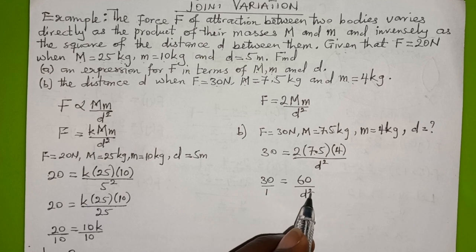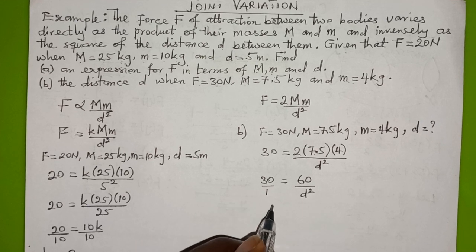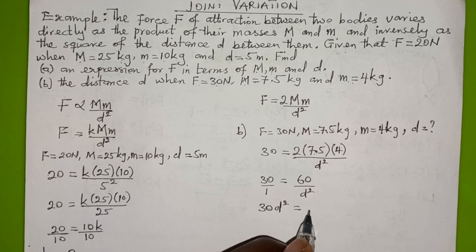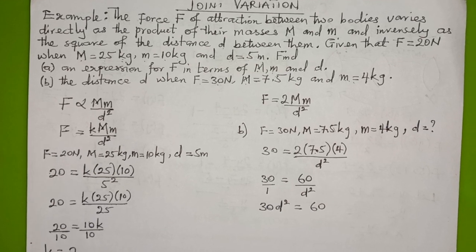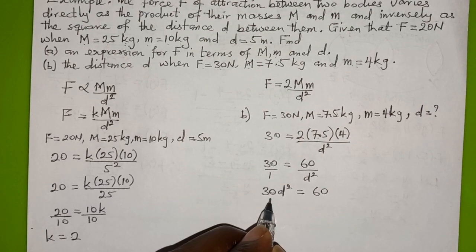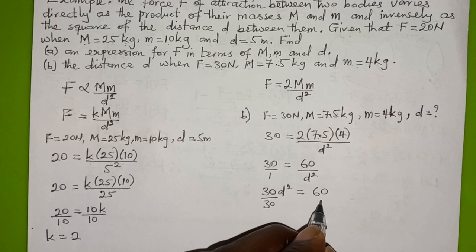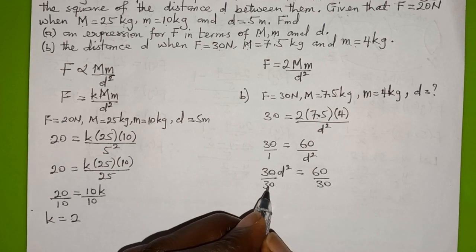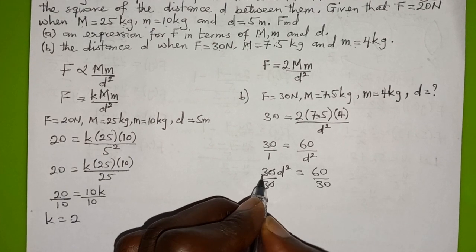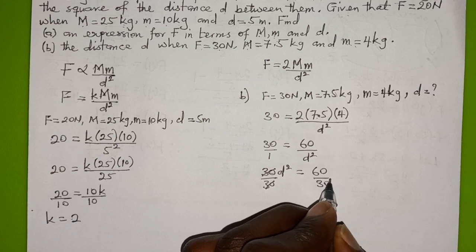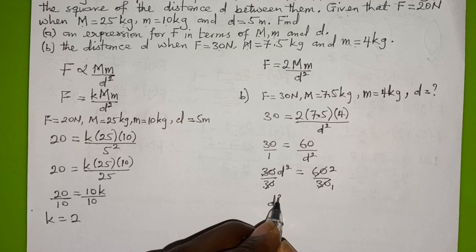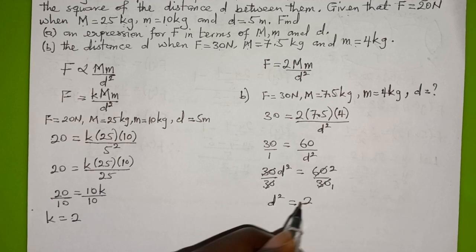So d squared times 30 would become 30 d squared equals 60 times 1 is 60. So the next thing that we need to do is to divide through by 30. Divide this side by 30. When 30 cancels off 1, it will go into 60 two times. So our d squared is 2.